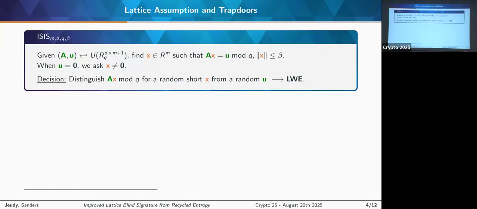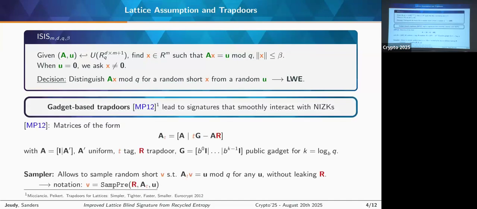Okay, so these problems represent our security foundation, and they are believed to be hard, unless one knows a trapdoor on the matrix A. There are several families of trapdoors, but in our case, we rely on the gadget-based trapdoors of Micciancio and Peikert because they lead to signatures that smoothly interact with zero-knowledge proofs, which we will need for blindness. These matrices are of the form A_T, where the first block is A, equal to the identity and a uniform A', and the second block is TG minus A times R. R is a short matrix, which is our trapdoor, and the product A times R can actually be made public under ISIS and LWE.